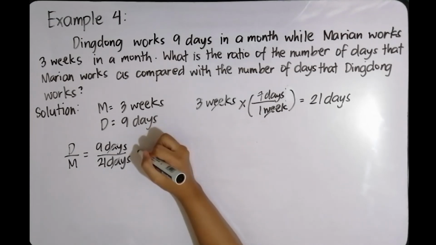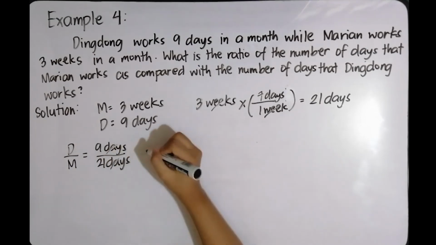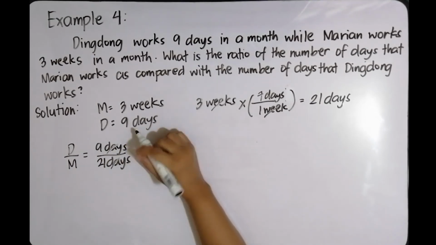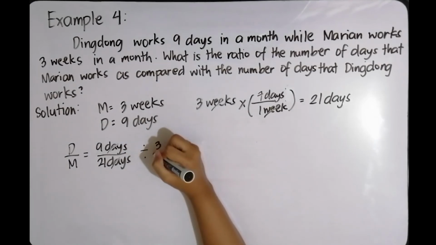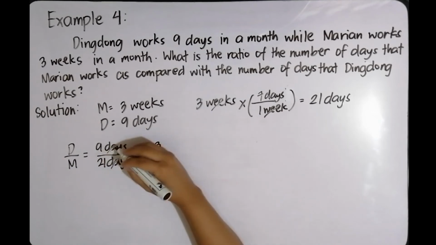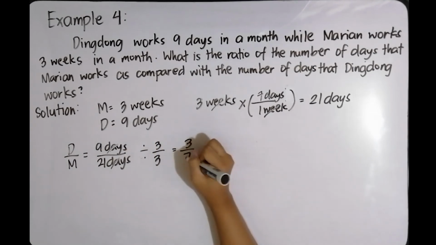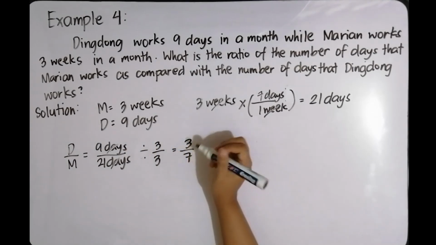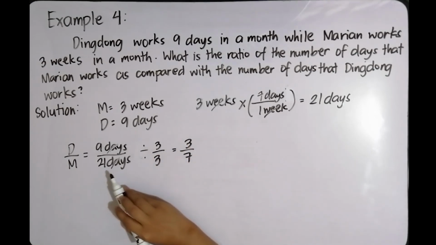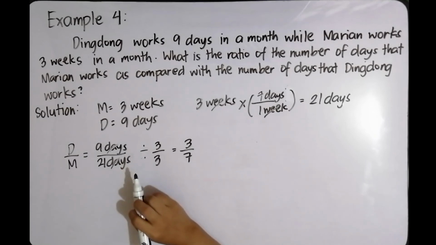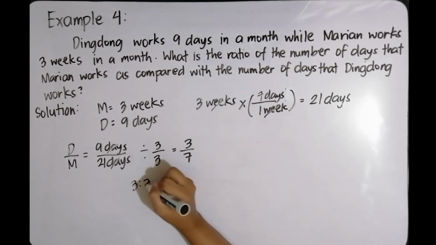So we have 9 over 21, or 9 is to 21. To simplify it, we can divide the numerator and denominator by 3. 9 divided by 3 is equal to 3, and 21 divided by 3 is equal to 7. This means that our ratio for the number of days that Marian works compared to the number of days that Ding Dong works is 3 is to 7.